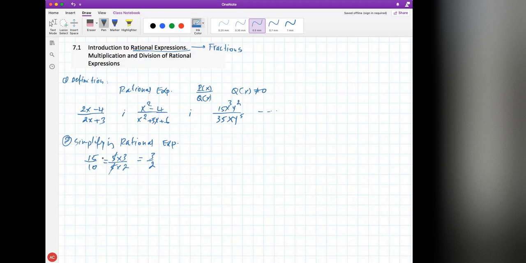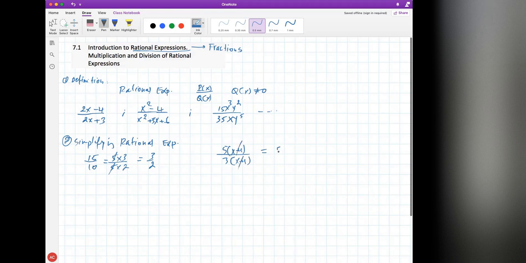We can apply the same thing to fractions or to rational expressions like these. For example, we have 5 times x plus 1 over, let's say, 3 times x plus 1. Same thing applies. So we have 5 times this, 3 times this. It's the same factor here.